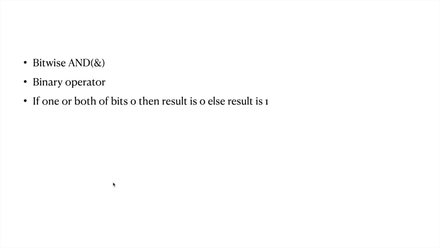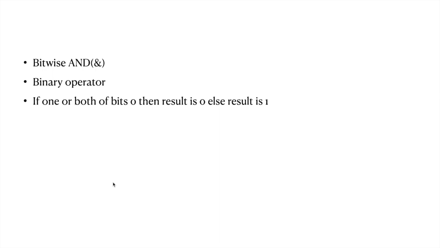The other is bitwise AND. This produces the result of the AND operation on 2 bits. So it acts on 2 values. That's why it's called a binary operator. In the case of the bitwise AND operator, if both bits or one of the bits is 0, then the result is 0.